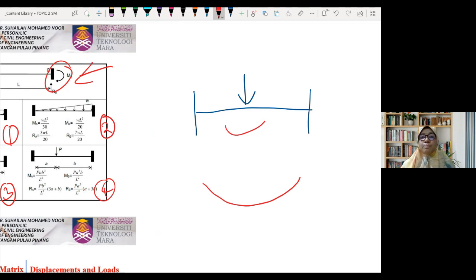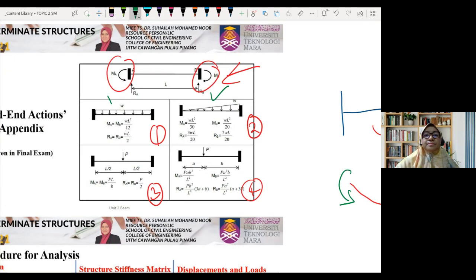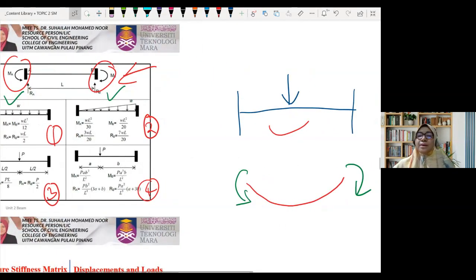In order to push the bent beam back to its original position, we have to apply moment in this direction so that it can go back to the straight position like this. That is why we have this direction, because we have to apply moment to counter the beam back to its original position.